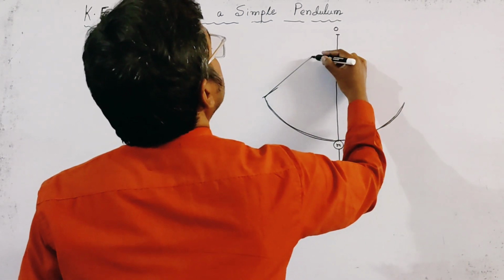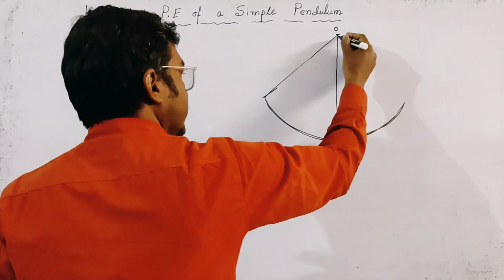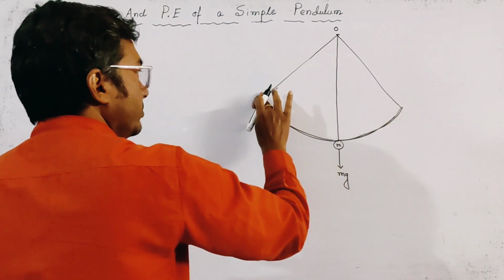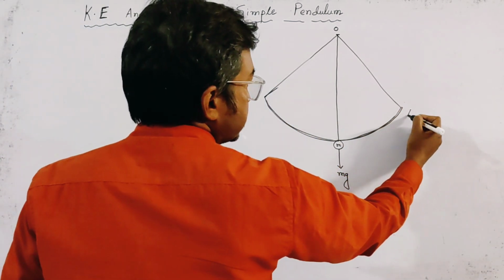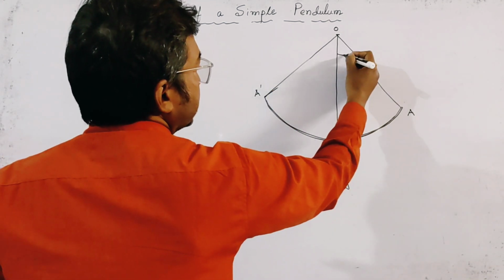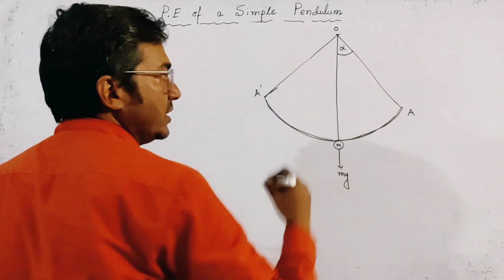These two are the two extreme points of the pendulum, A and A dash, and let this angle be alpha.